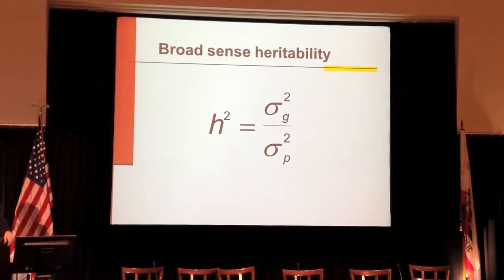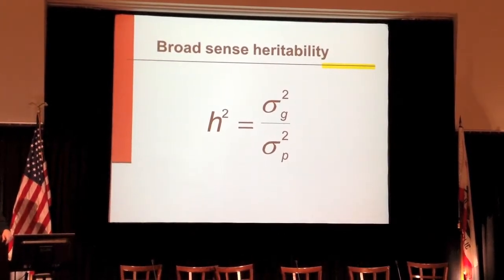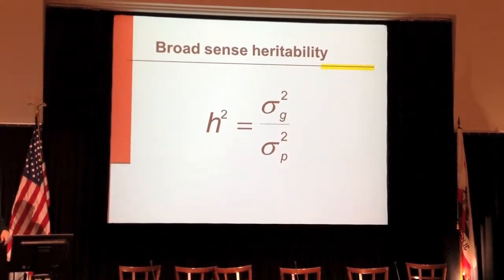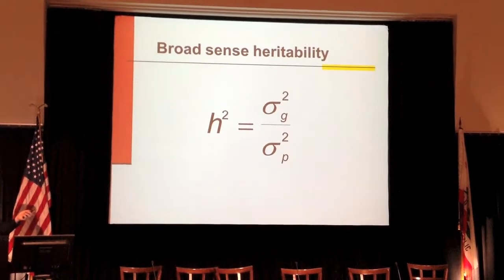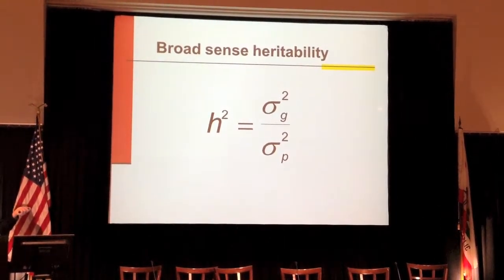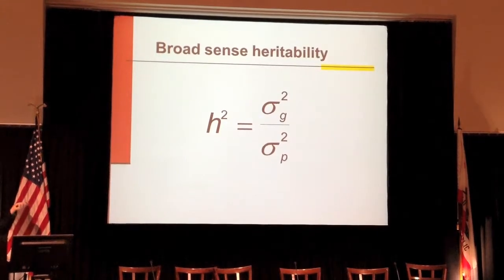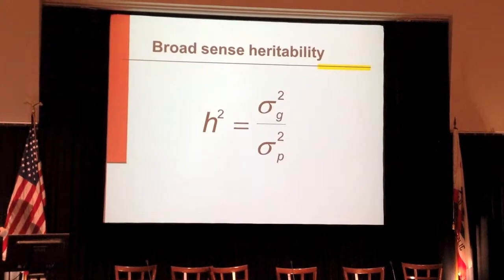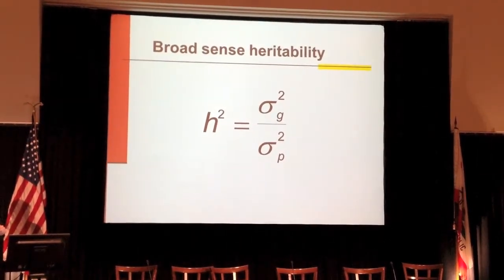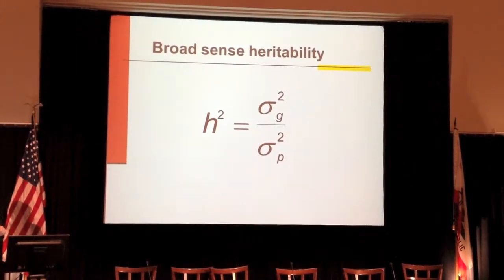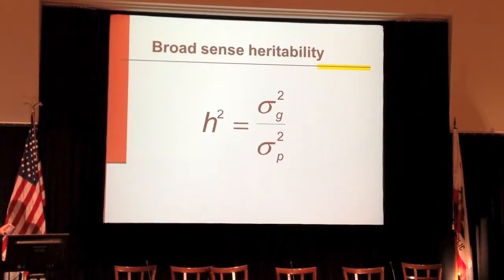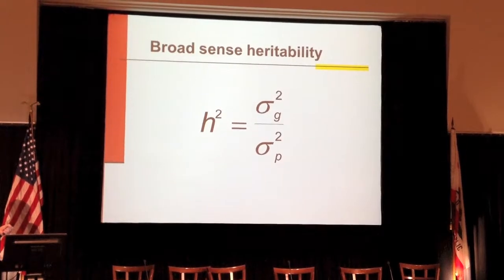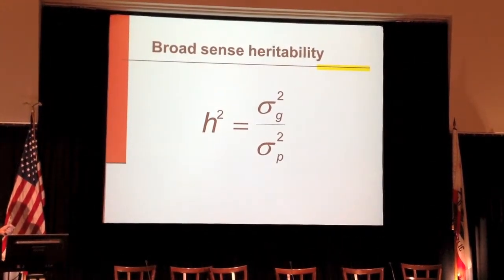So here's the broad sense heritability. In the broad sense heritability, we are only interested in the total genetic variance as a proportion of the total phenotypic variance. So it's a very simple model where you calculate the genetic variance, you know the total variance, you take one over the other, and your h square is going to be somewhere between 0 and 1. 0 would indicate that total genetic variance is 0, and so there is no genetic variance. 1 obviously would indicate that the entire phenotypic variance is due to genetic sources.